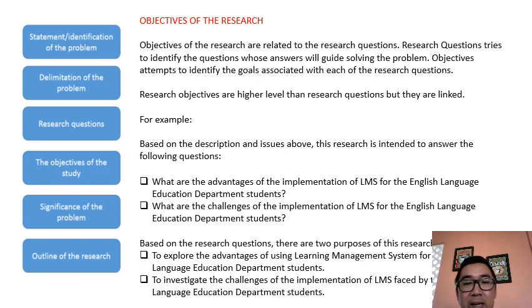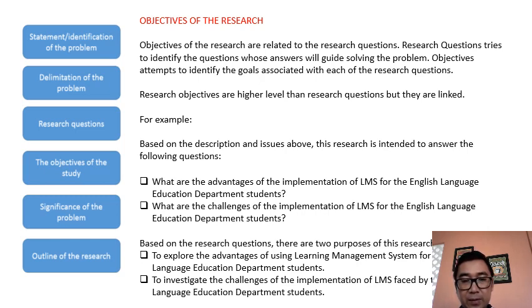Contoh, ini hubungan antara research question dengan research objective ya. Research questionnya yang tadi, what are the advantages of the implementation of LMS? Yang kedua, what are the challenge of the implementation of LMS? Kemudian, objective of the research menjelaskan, based on the research questions, there are two purposes of the research.